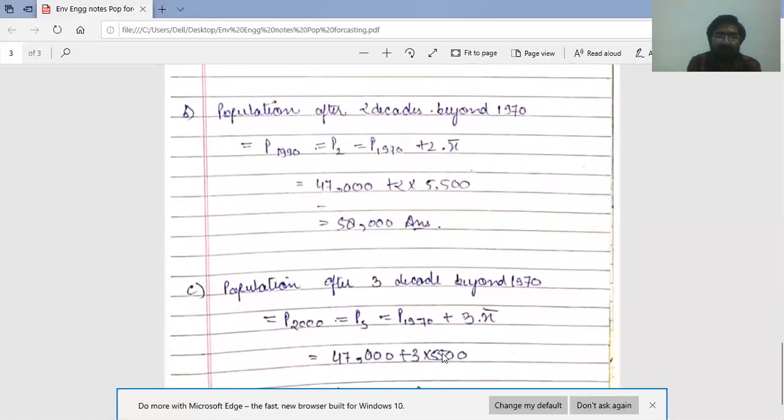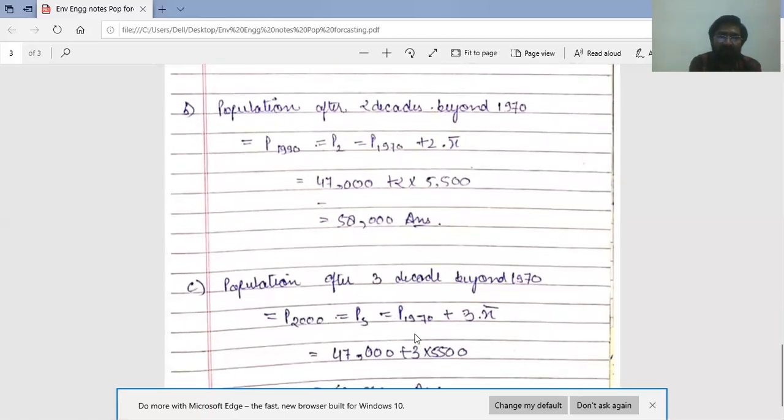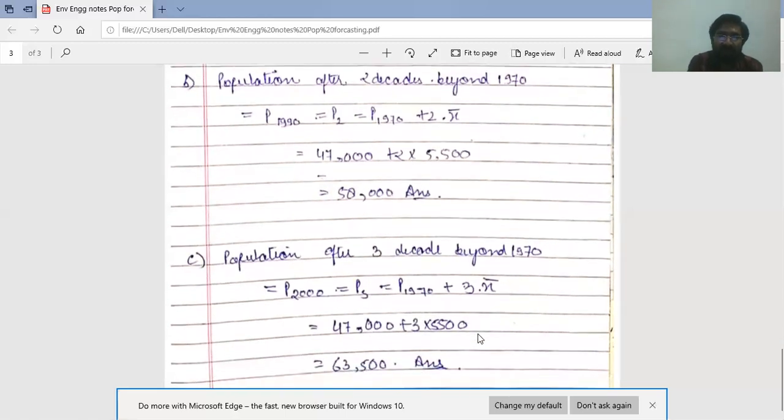So the population in 1970 is 47,000 plus 3 decades into the average increase of population per decade, 5,500. 47,000 plus 3 into 5,500 is 63,500. So the population after 3 decades, that means the population in the year 2000, is equal to 63,500.